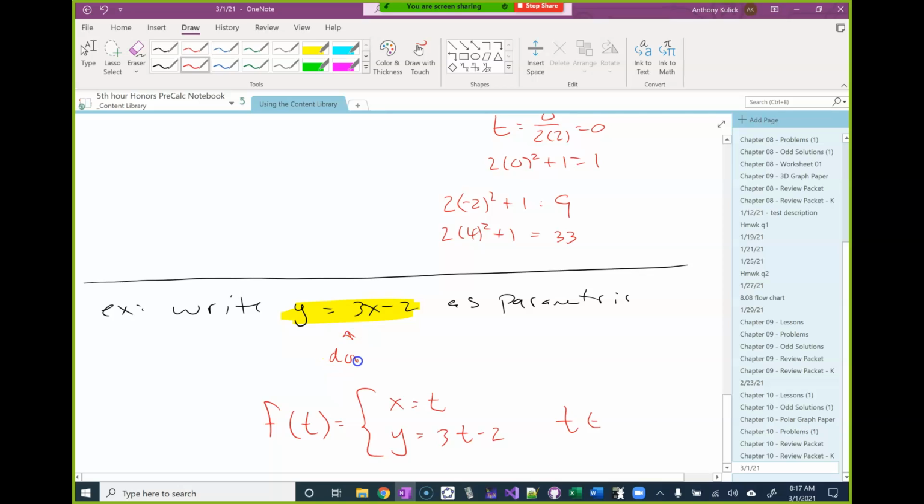But the domain here would give us our interval here, since x is just equal to t, right? So what type of function is y equals 3x minus 2? Linear. What's the domain for a linear function? All real numbers. And we're done. I think that's considerably easier, right?